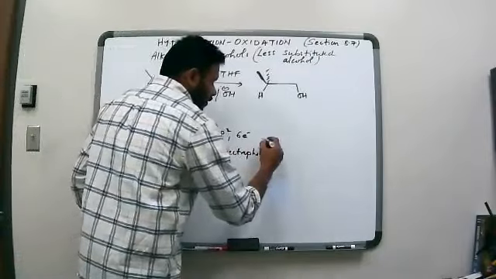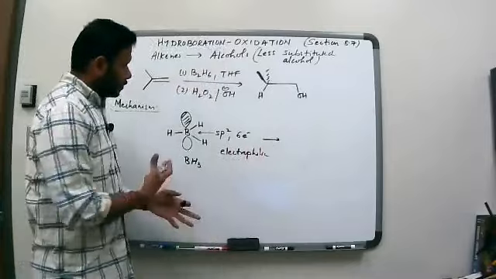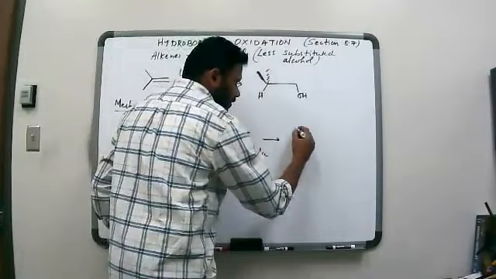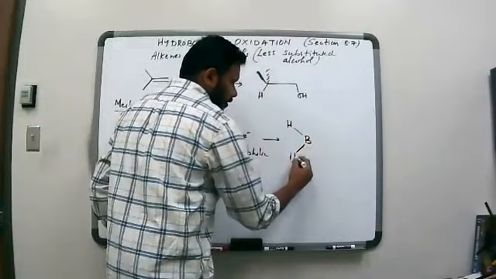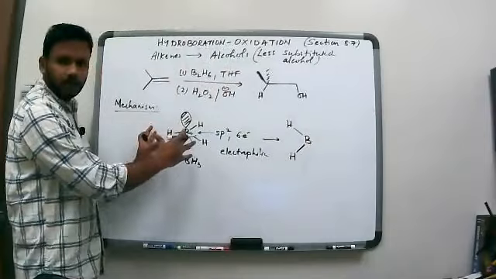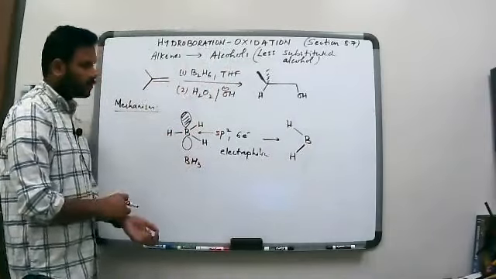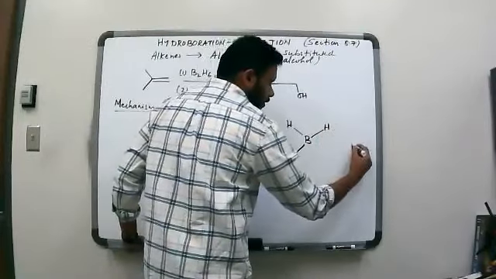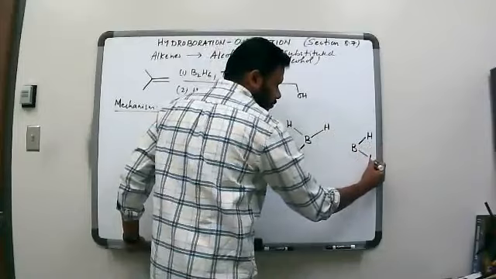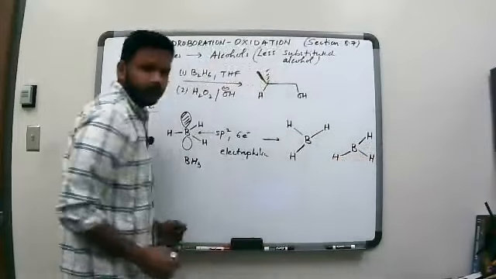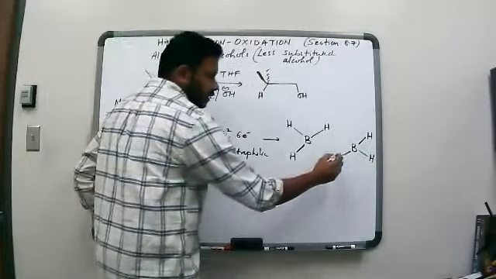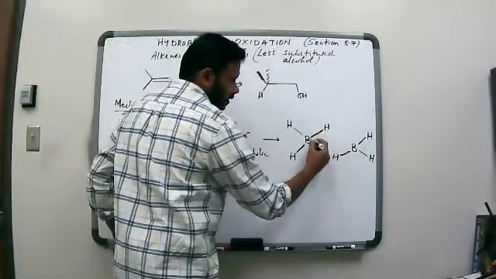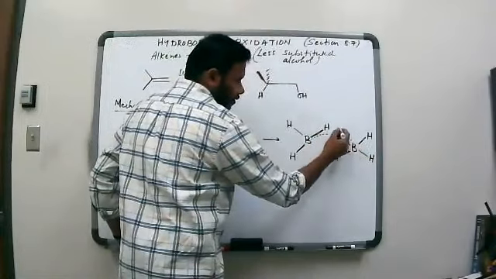So what this molecule does is it actually exists as a dimer. A dimer means this is going to combine with another one of itself. So it exists as a dimer where you have one BH3 molecule and another BH3 molecule, and the electrons in this bond here and this bond here are shared with the other boron.